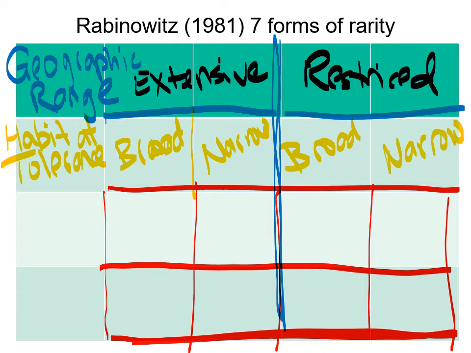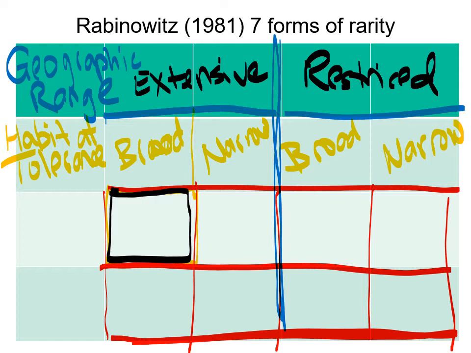So this first box, we have species that have an extensive range and a broad number of habitats. So those ones are not limited at all. Anywhere else you're limited at least in some way.